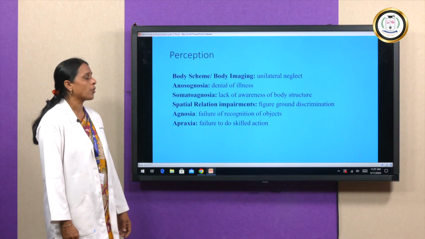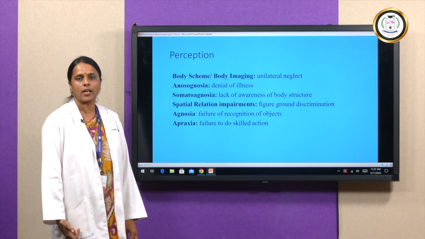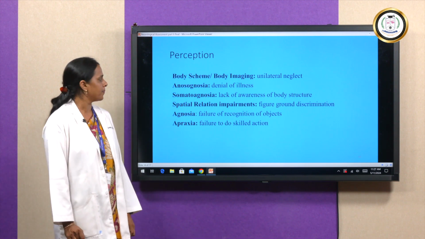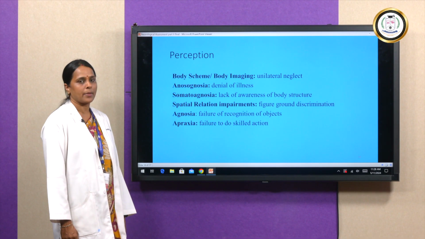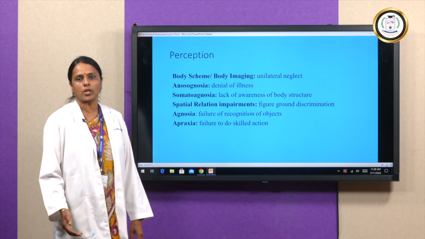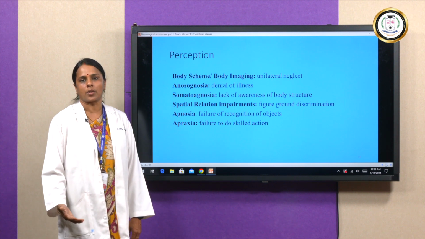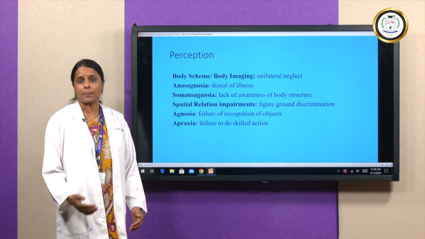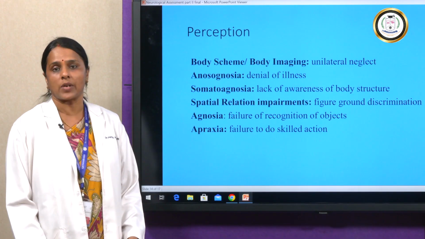Another is anosognosia, that is denial of illness. They don't know the level of severity of the problem they are suffering from. Somatognosia, that is lack of awareness of body structure. Then spatial relation impairments. They cannot discriminate between the figure or objects kept on the ground. They don't know what object is kept and where the ground is. Their height or depth discrimination becomes very difficult.